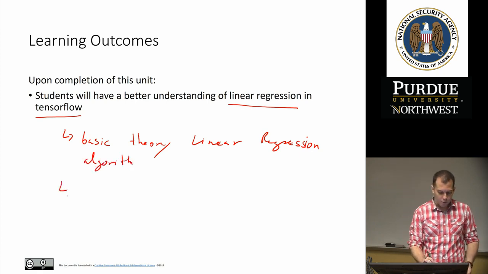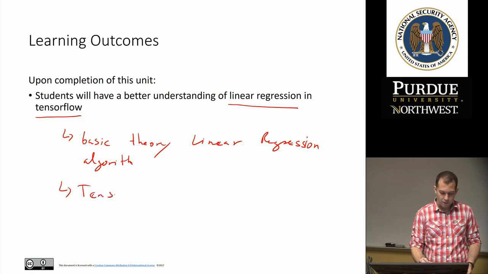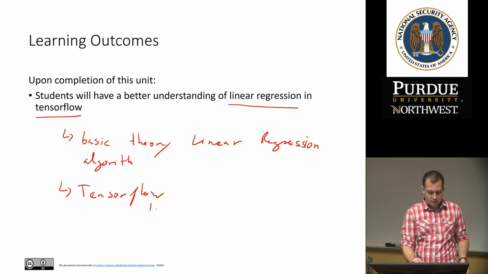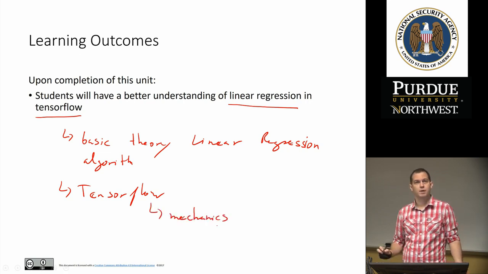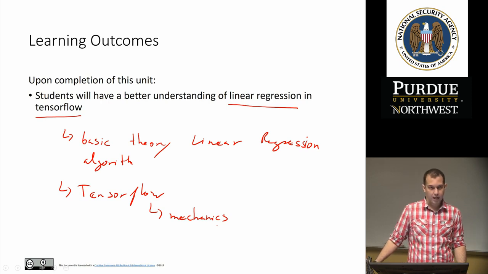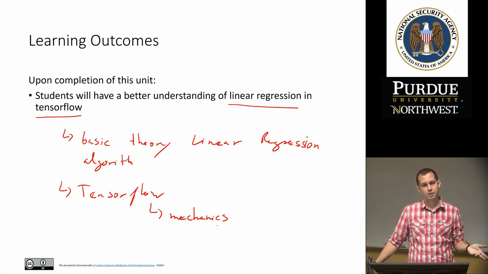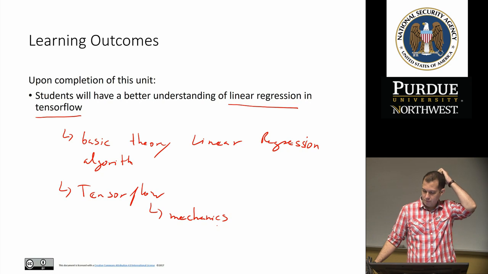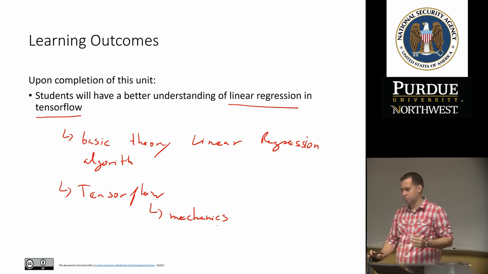And then we will look at TensorFlow itself, because we want to understand its mechanics, and the mechanics will allow us, by implementing linear regression, to implement other algorithms later on.